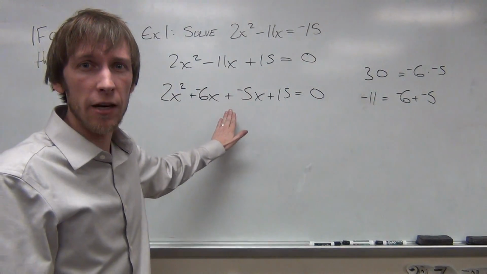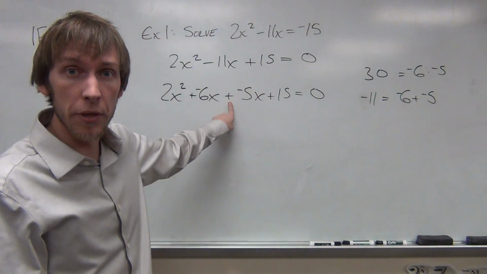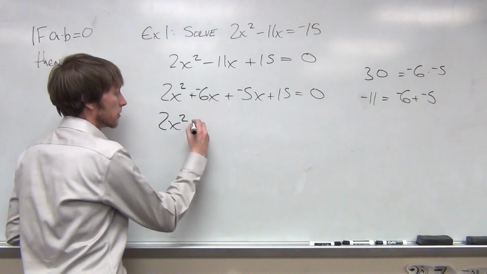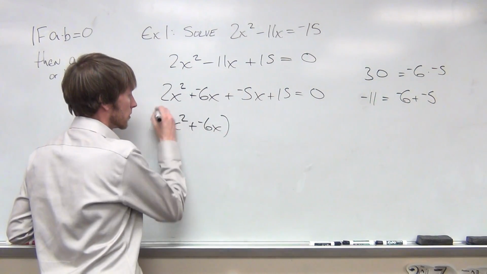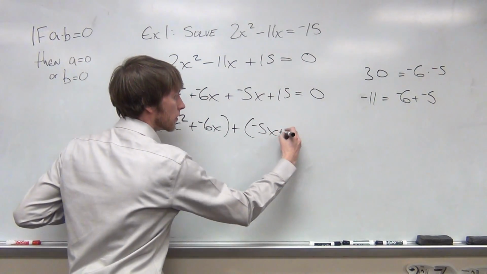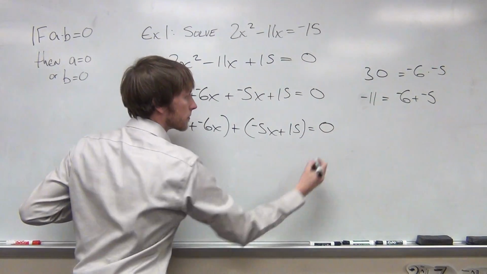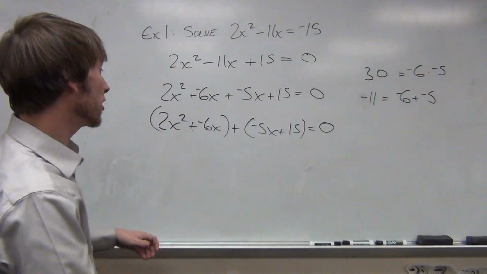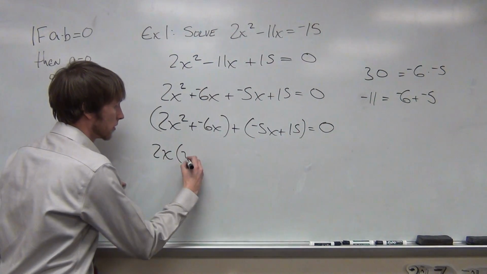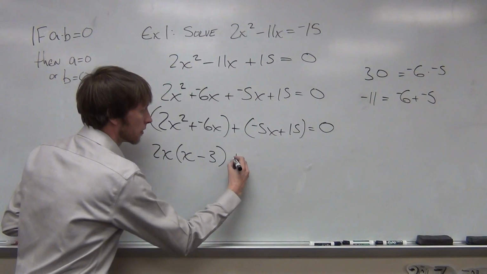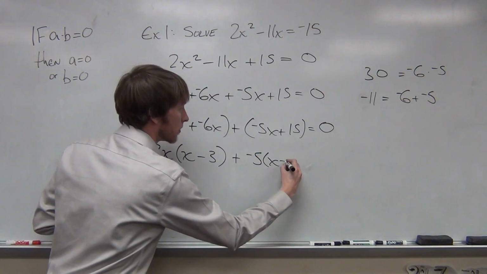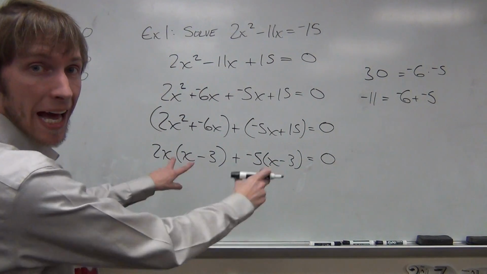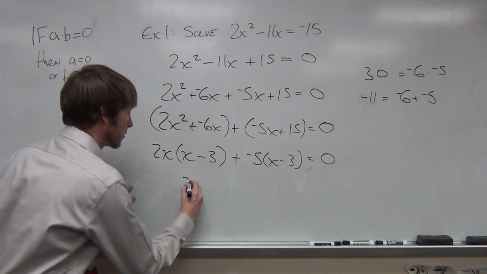That caused some trouble with our factoring, so we have to be careful to make sure that this middle sign is a plus sign. We group them and factor them separately, finding the GCF in each pair. We recognize that both of them have an x minus 3 that will factor.